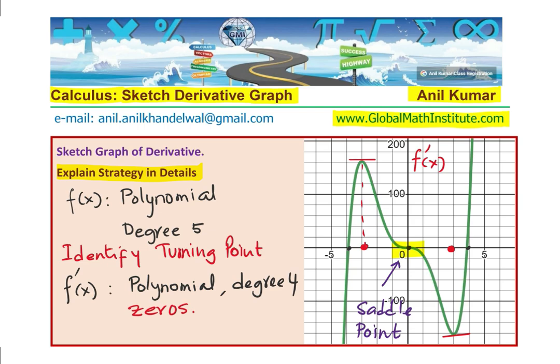As you can see, the derivative here is also 0. Perfect. So we'll make a 0 here also because this is a saddle point. So identify turning points and the saddle point, also known as point of inflection. So this will also turn out to be a 0. So you see we have 3 zeros here as shown.